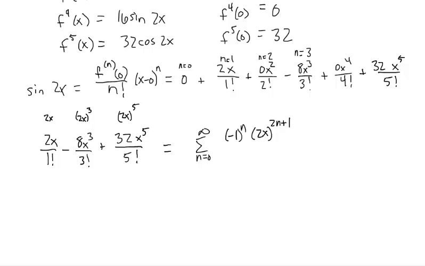And then 2x raised to the 2 plus 1 is 3, so cubed, and so on. And then divided by 2n plus 1 factorial, because we have the same pattern in the denominator, 1, 3, and then 5. So this is our Maclaurin series of sine 2x. And that's our video on Taylor and Maclaurin series.